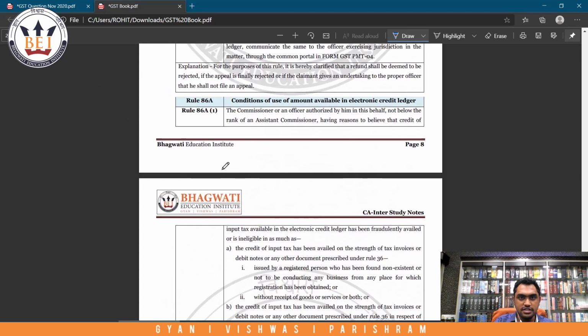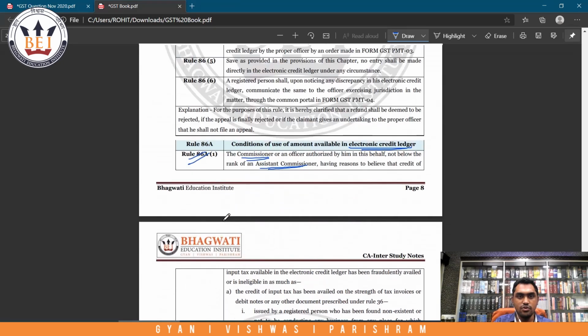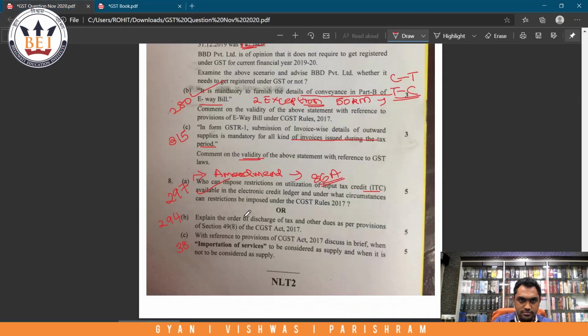If you remember, see this rule, conditions for use of electronic credit ledger amount. So the commissioner or any officer authorized by him who is not below the rank of assistant commissioner and has some reason to believe, then they may block your ITC utilization. So the question is a direct theory question relating to this rule, rule 86A.